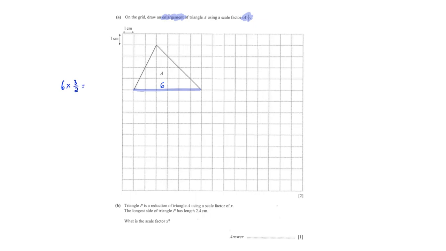That will give me the length of 9. So later on, at some point in time here, which I'm going to start drawing now, I am going to draw the enlarged version of the triangle with 9 cm, 9 squares.